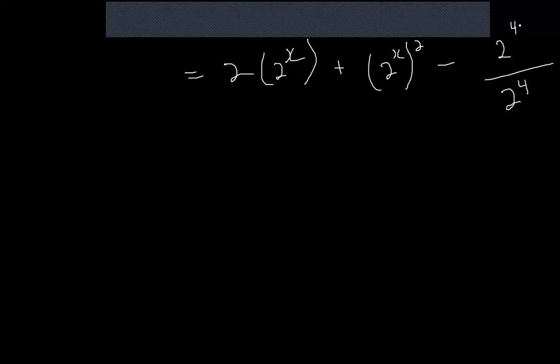2, x. So I could write this. I could rewrite this again. So this is what I have plus 2 of x squared minus.